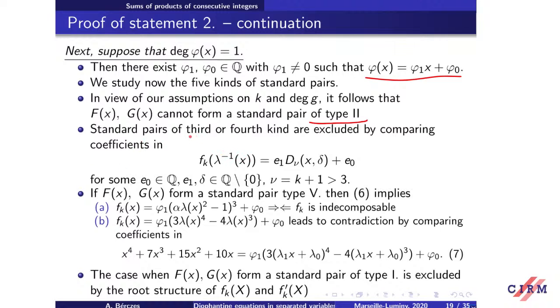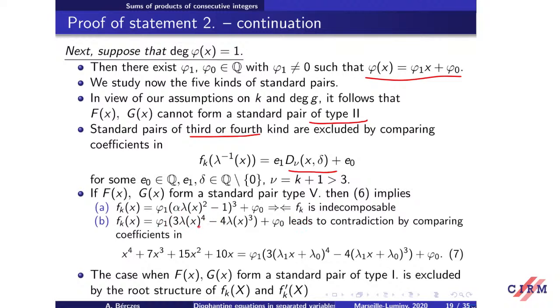Standard pairs of third and fourth kind are the polynomials which are defined using Dickson polynomials. We can exclude them by comparing coefficients in this equation. In the case of standard pairs of type 5, in principle, we have 2 cases. Fk of x must be either of this shape, which contradicts the indecomposability of f.